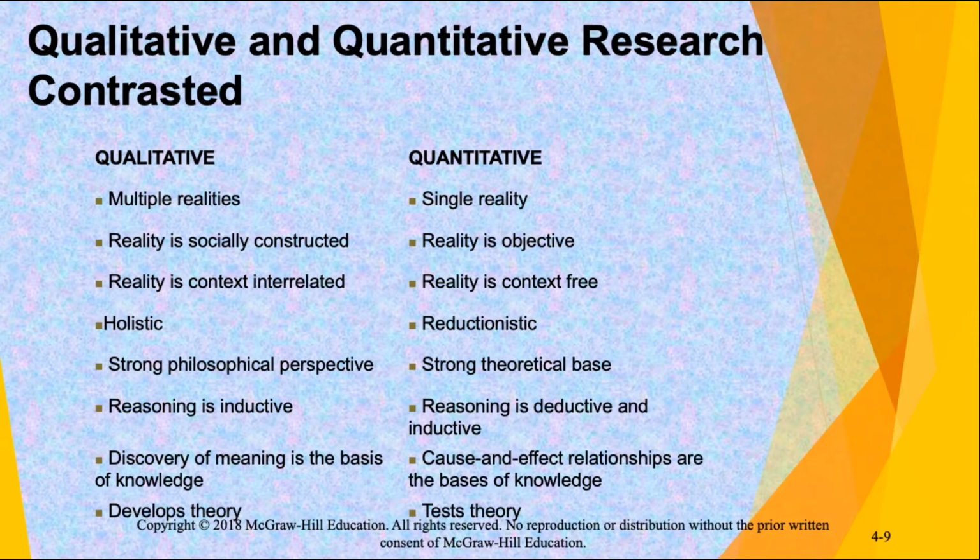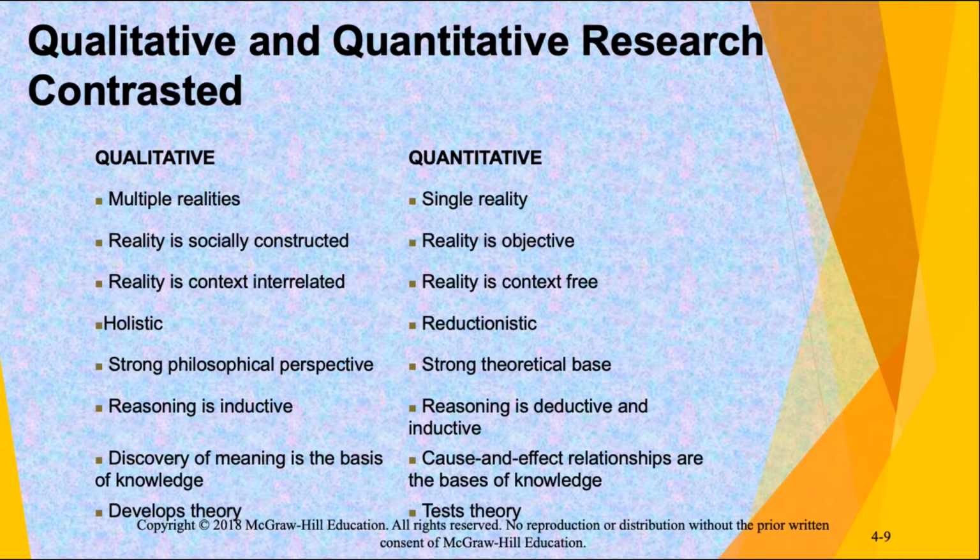So we go from the top or general idea and deduct, and we go to a specific. In qualitative, a strong philosophical perspective, because we use a lot of philosophies to create those themes, codes and categories. But in quantitative, a strong theoretical base, we just base on the theory to develop our hypothesis, and therefore we come out to a conclusion.